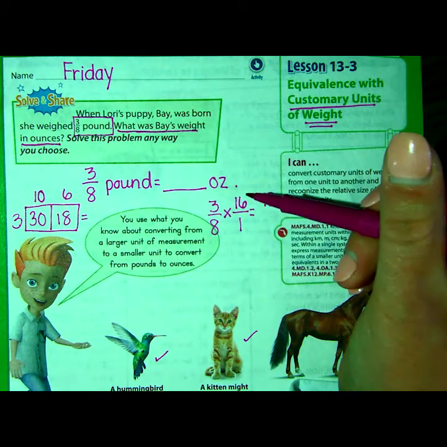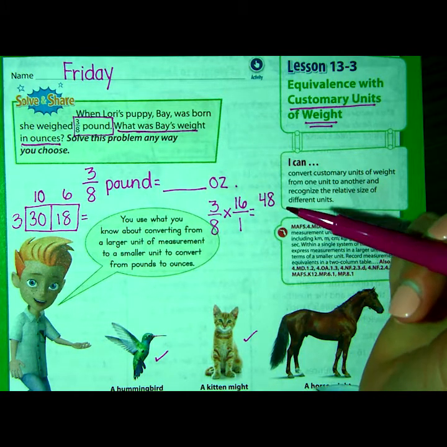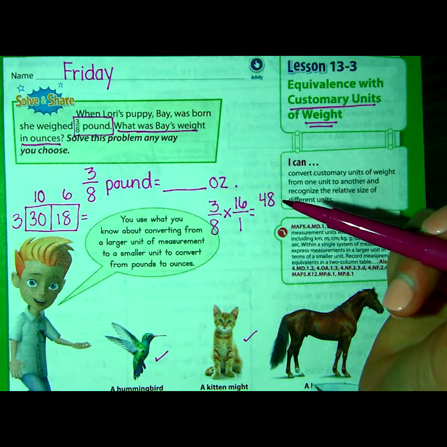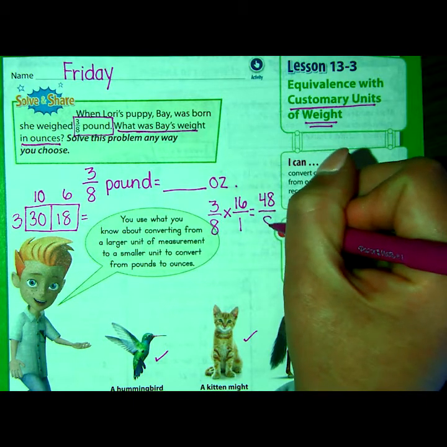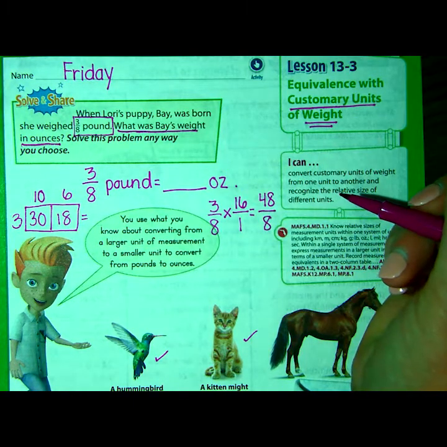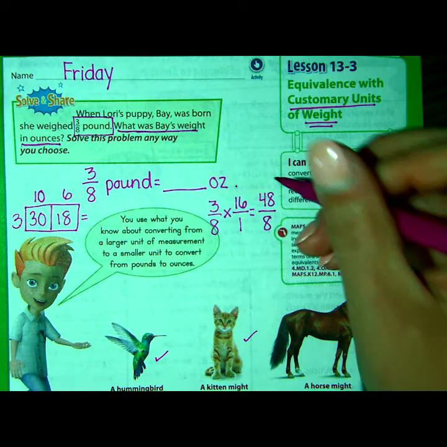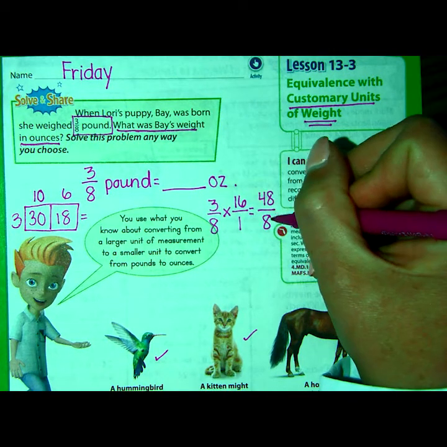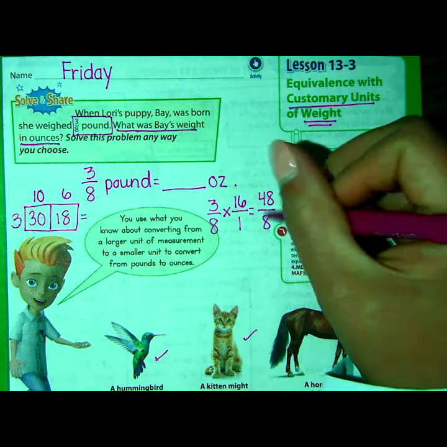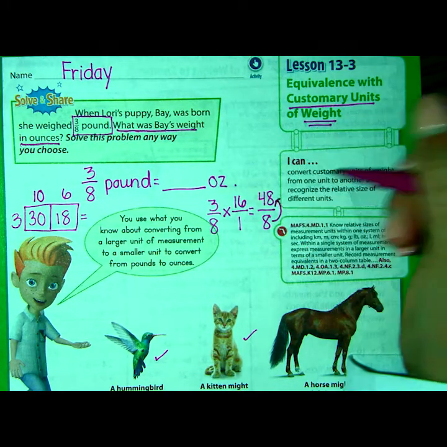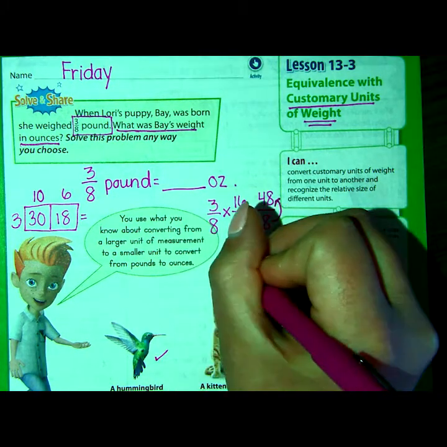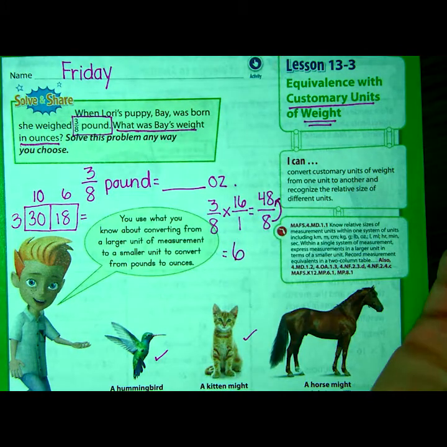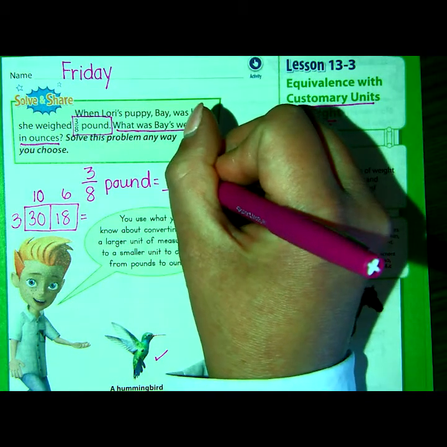And then we know that when we multiply across here, 8 times 1 is equal to 8. We know that we need to divide, so we're thinking in our brain 48 divided by 8. Some of you like to think, how many times will 8 go into 48 without going over? And you guessed it, it is 6. So 3/8 of a pound is equal to 6 ounces.